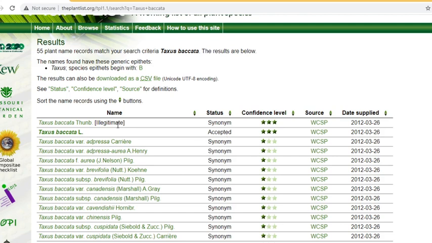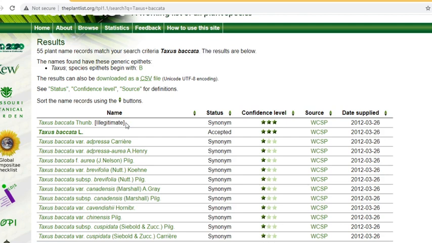And here is another interesting situation. You see, with the same spelling of the name of the plant, the author is different. This is Thunberg and this is Linnaeus. The one reported by Thunberg has been considered illegitimate for certain reasons.